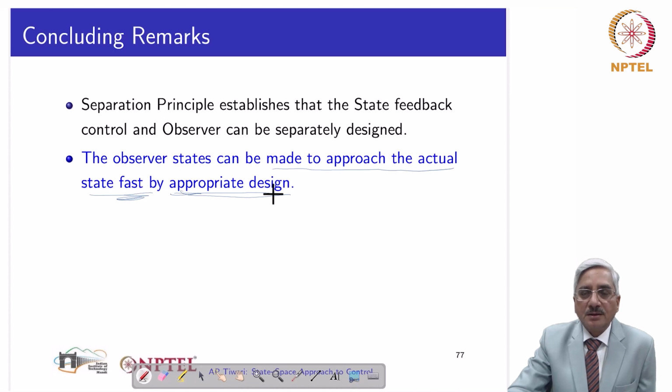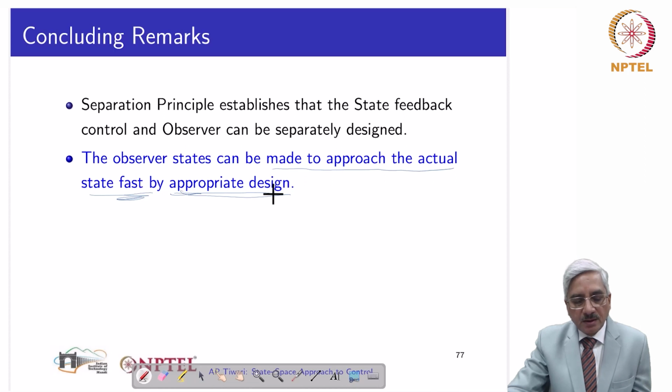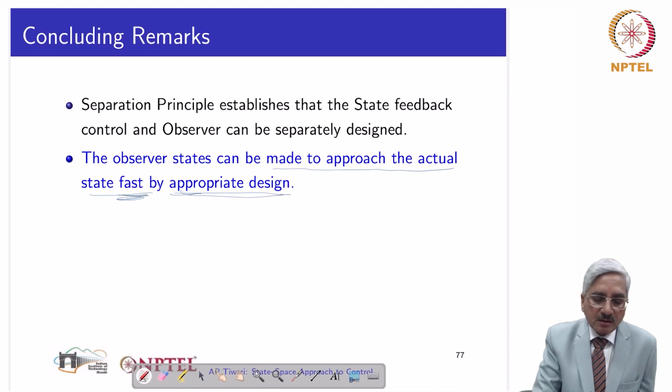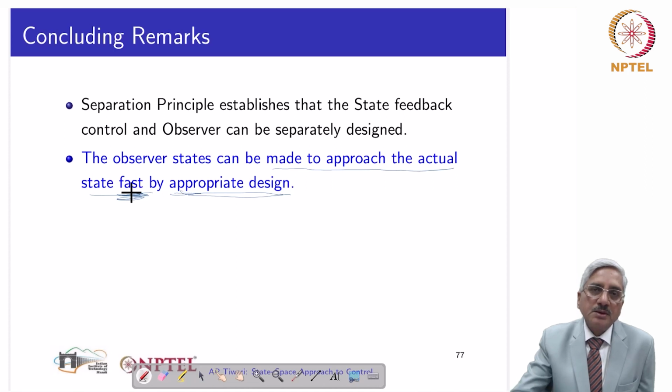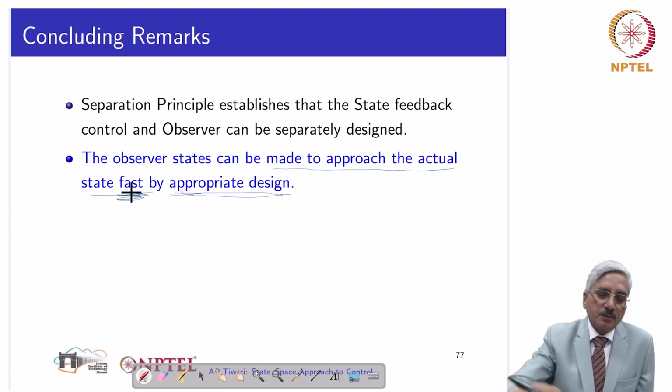It is not the actual system, but it is a model of the system. So by placing the observer poles very far to the left, we can actually make the states of the observer approach the states of the actual system quite fast. That is possible.